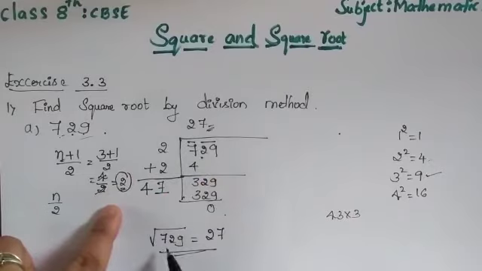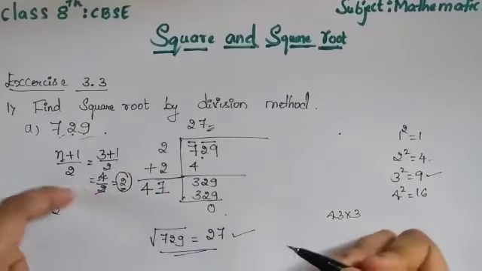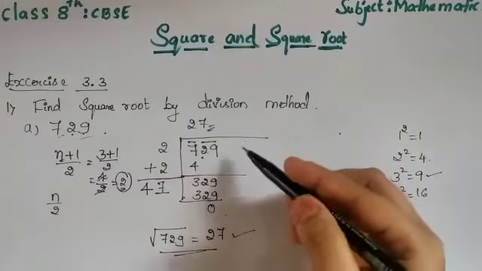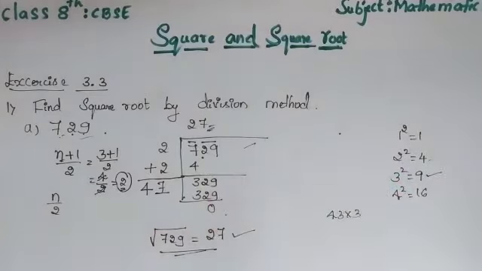So I am getting the square root in 2 digits. This is how, before finding by the long division method, you can predict how many digits the square root of any given number will have. This is about the first problem.